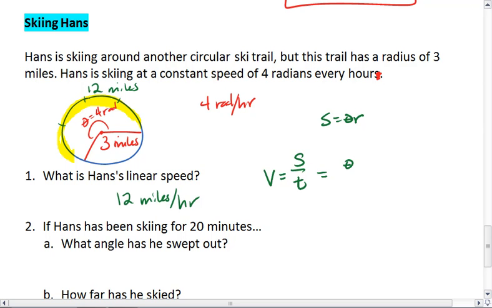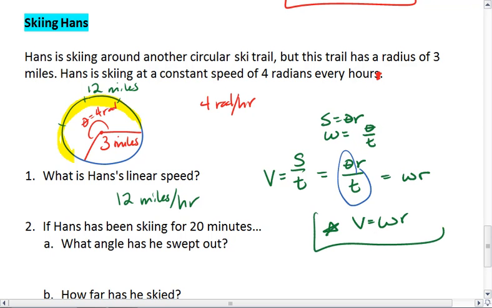So velocity is theta times r over t. But remember, angular speed is theta over t, which we have right here. So velocity is the angular speed times the radius. Another good equation to have down in your notebooks.